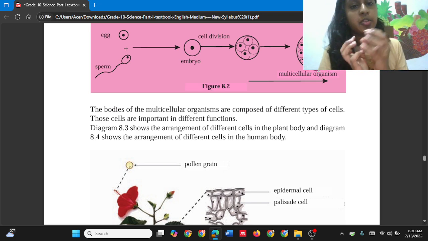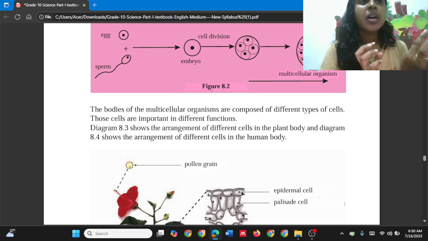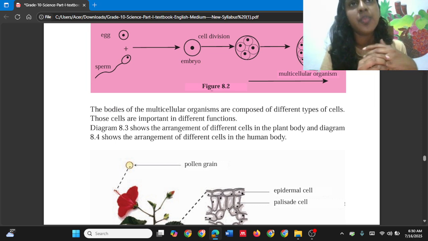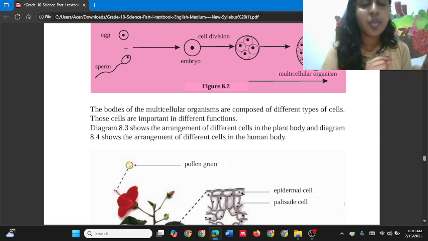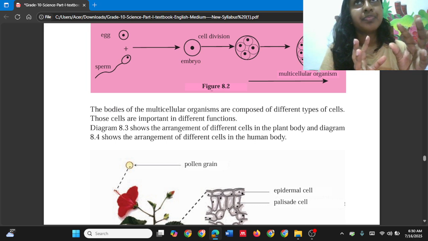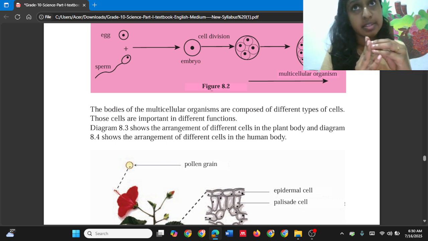Think like for the brain cell, they specialize, they become nerve tissue and nerve cells, and they specialize for sending those sensors.